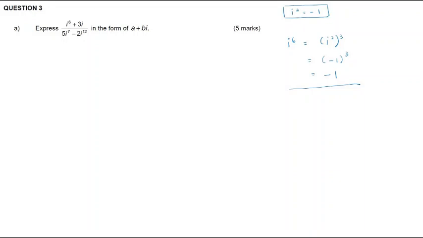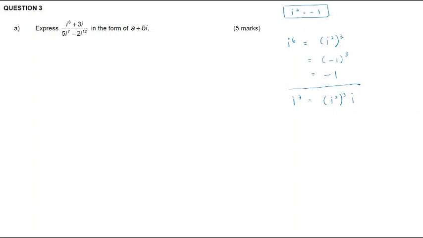Let's do the next one. i power 7. Always start from i power 2. How to get 7? 2 multiplied by 3 is 6.